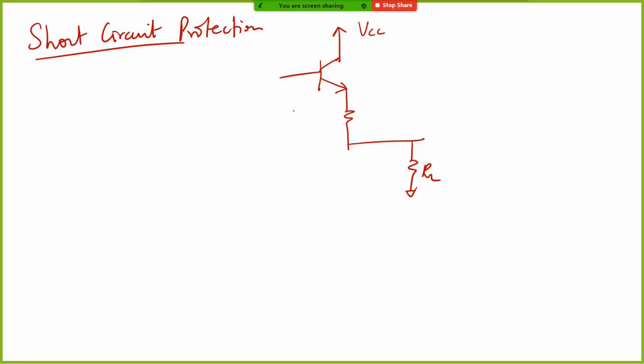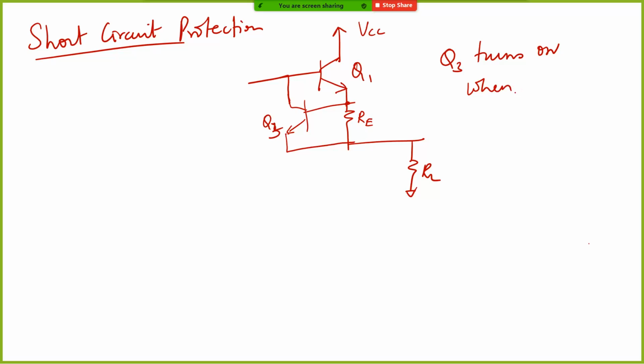Okay, what you do is you put a small BJT. Okay, and the BJT and this resistor RE are designed in such a way that this transistor, let's say Q3, this is Q1, I'm just drawing it only on one side, turns on when, let's say, IL times RE exceeds 0.7 volt.